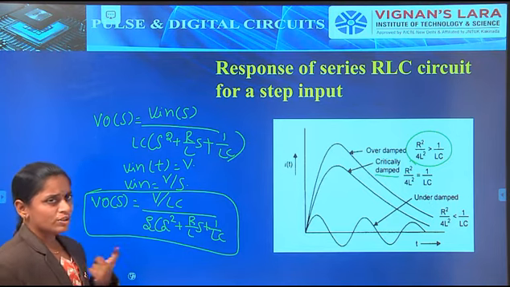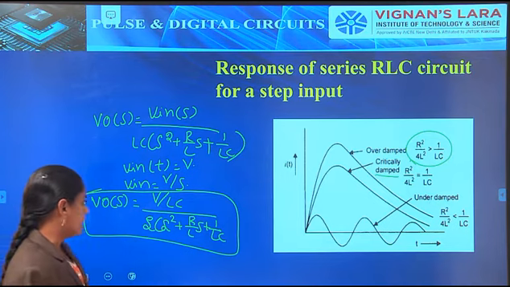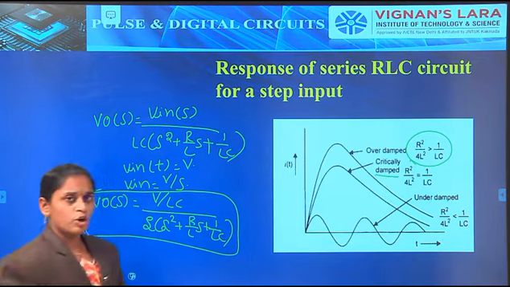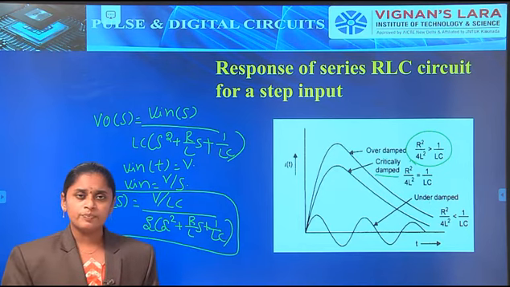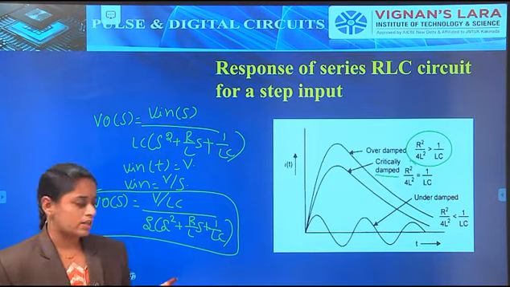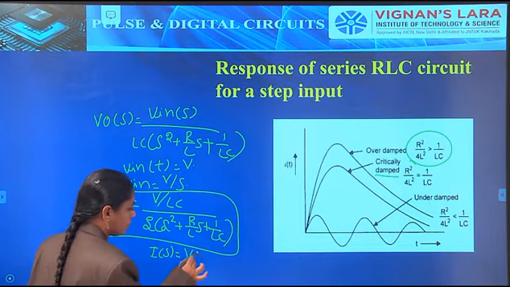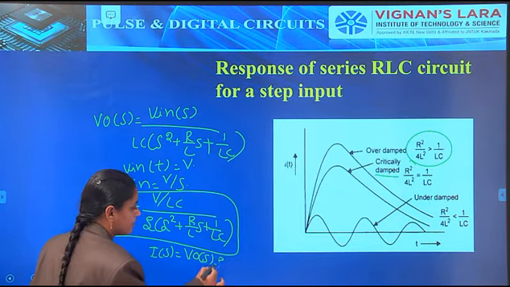Then we have to know the I naught of S value also. Simply by substituting, what is meant by I of S? That is V naught of S into SC. So I of S is equal to V naught of S into SC. What is V naught of S?